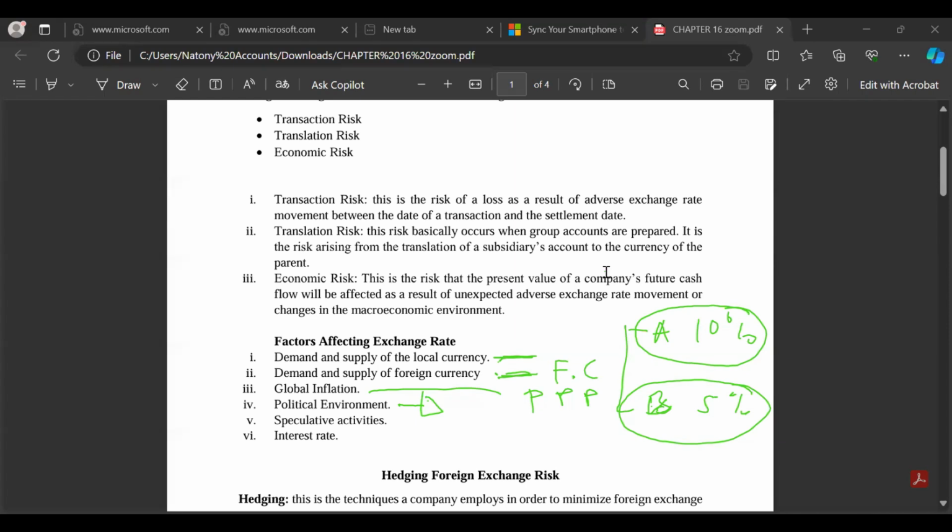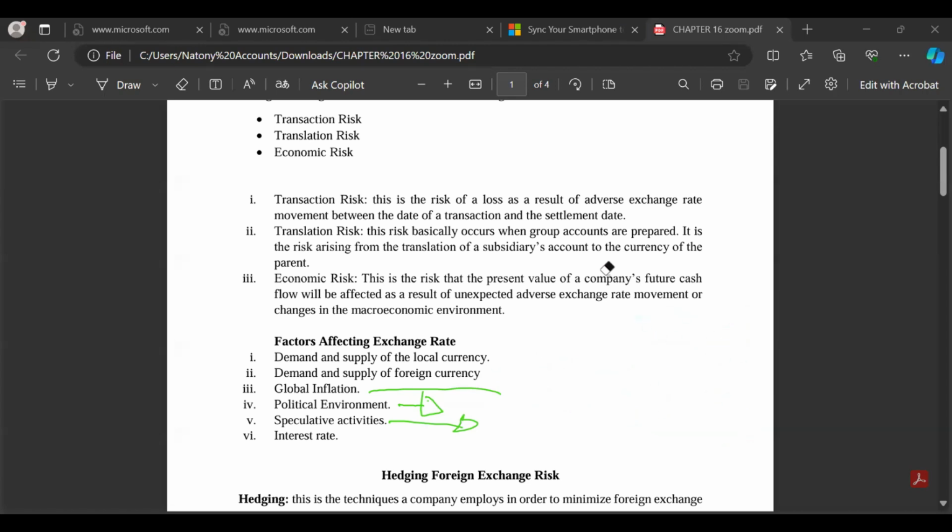The last is speculative activity. When there is speculation, you find out that the exchange rate begins to fluctuate. For instance, there was a time in Nigeria when it was announced that the Central Bank of Nigeria was about to release $1.5 billion into the economy to cushion the effects of the interest rates.